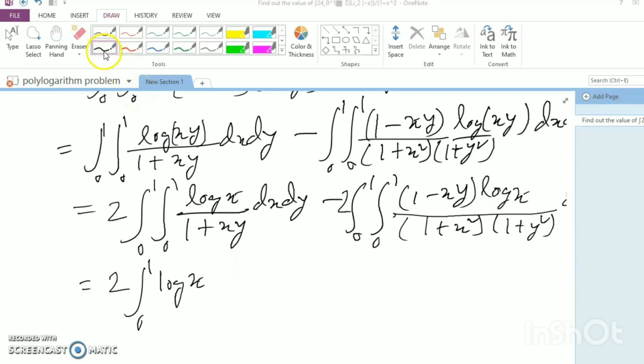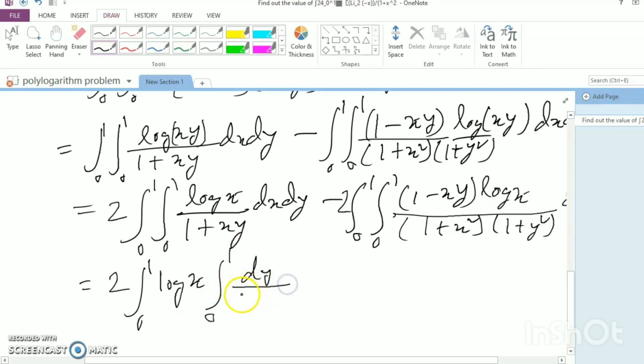So friends, we see that log x can be written as 0 to 1 dy divided by 1 plus xy, and I write this way as the symmetry. Okay, both sides. Otherwise you can write dy into dx. Okay, no problem.